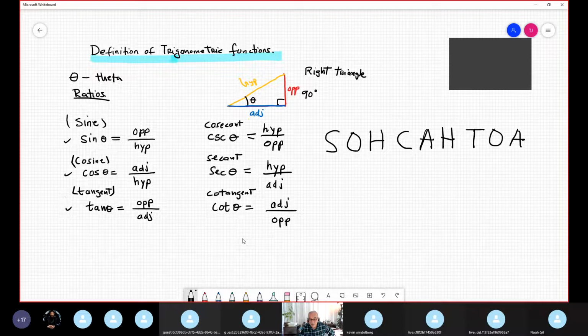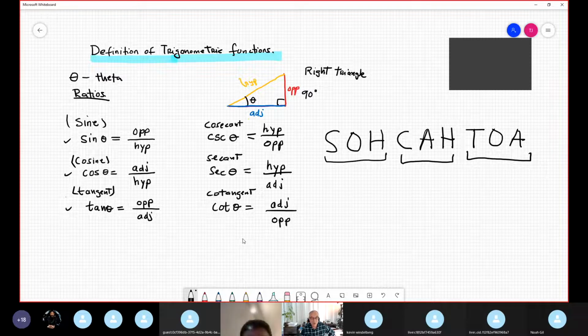SOH CAH TOA. This part is sine, the O is opposite divided by hypotenuse. This part is cosine, adjacent over hypotenuse. And tangent is opposite over adjacent. I don't like this, but okay.